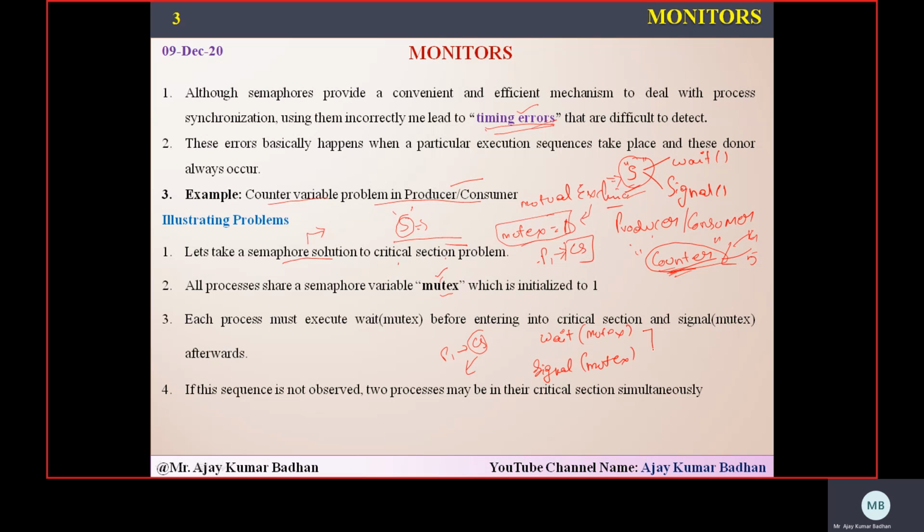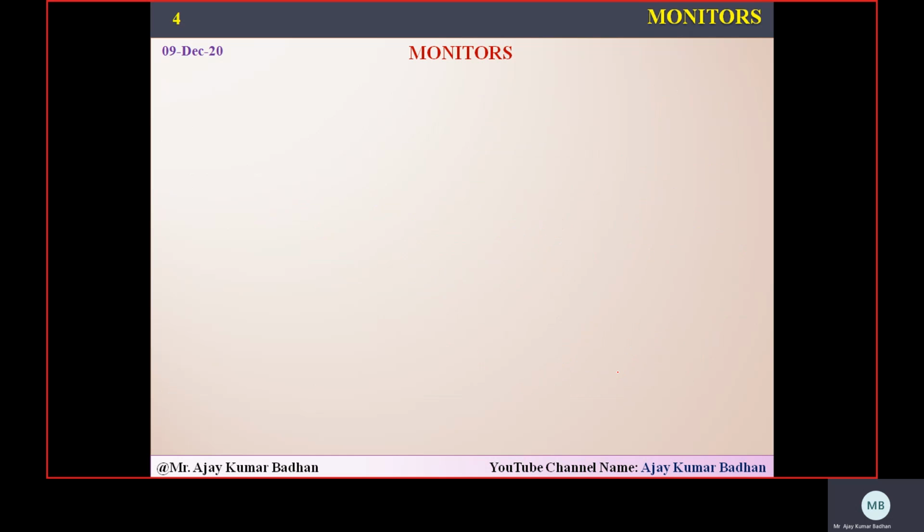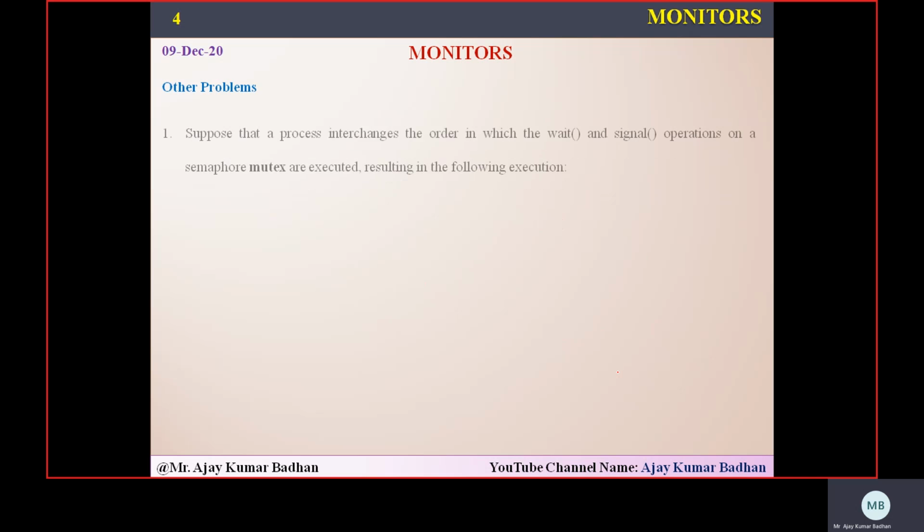Whenever these two are executed properly, only one process at a time will be present in the critical section, performing the operation and coming out. But if this sequence is not observed properly, then several different problems can come up. So what are the problems that we are going to come across? Let us take this slide and understand it.